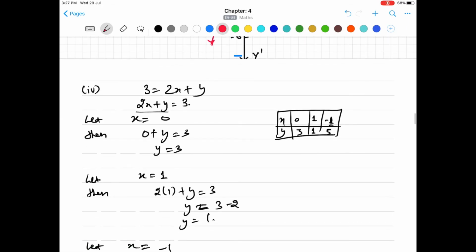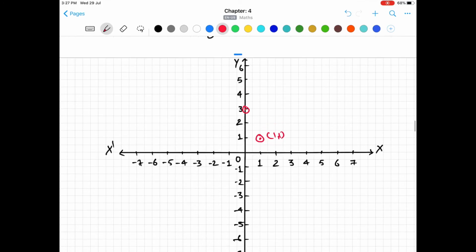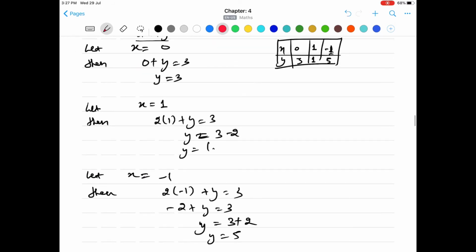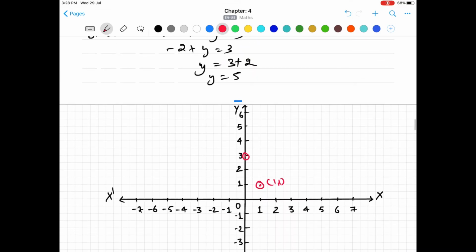The last point is x is minus 1, y is plus 5. That point will be here. Okay, now let's join the 3 points.